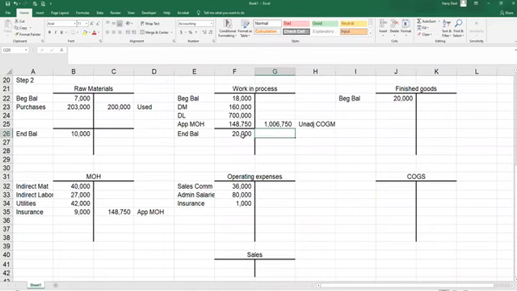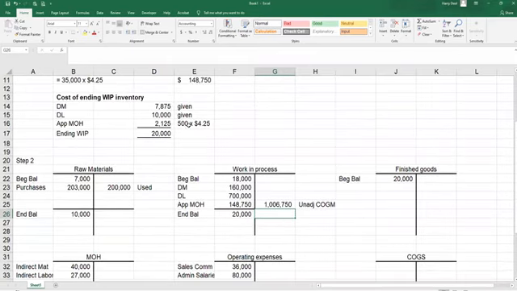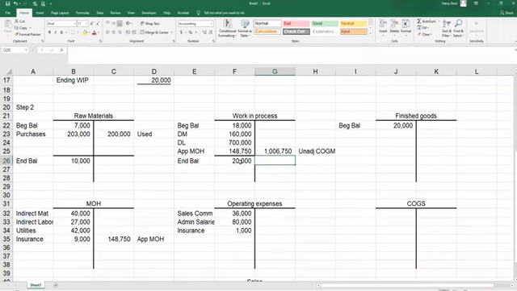So we could actually, even if we had not calculated the cost of the ending inventory up here for some bizarre reason, if we got a different number, we could have double checked our math to see if indeed everything falls into place, and it does. Now, this unadjusted cost of goods manufactured is basically transferred to finished goods inventory.